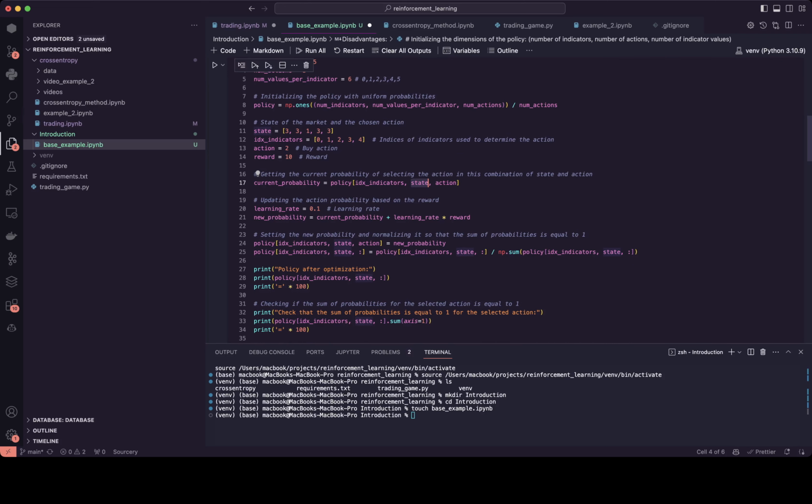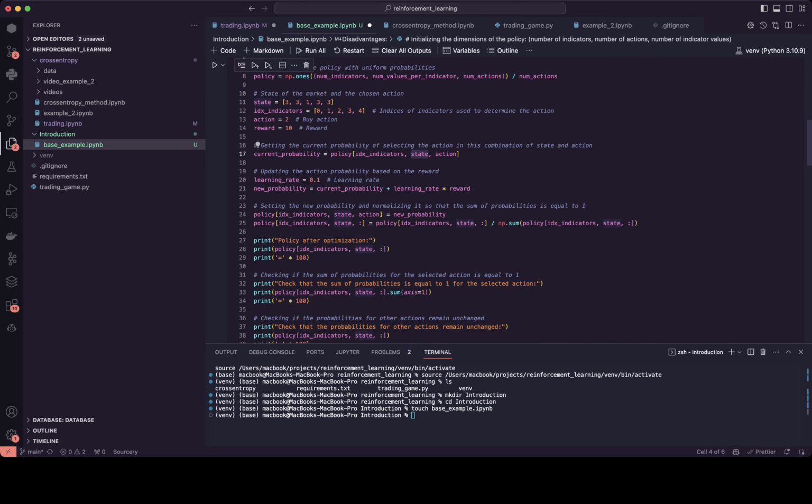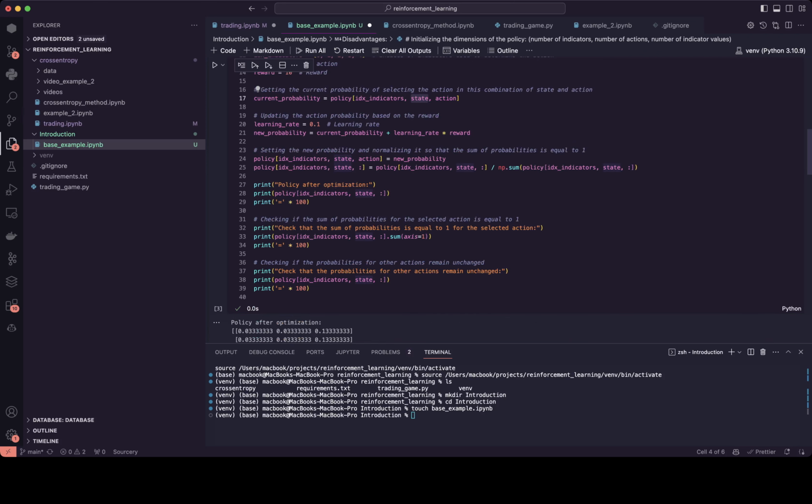Okay, this is the learning rate. It is the same as before. And next we need to update our policy. So we take these indexes, state, actions, and we take this new probability there.